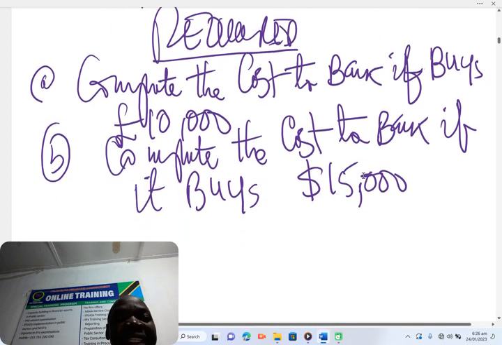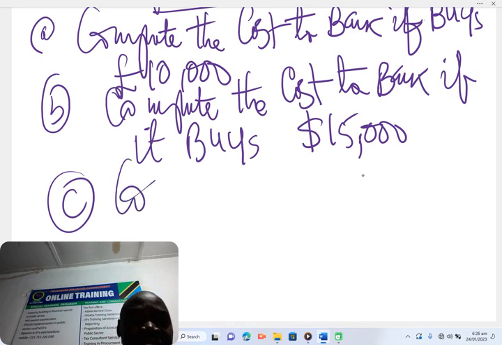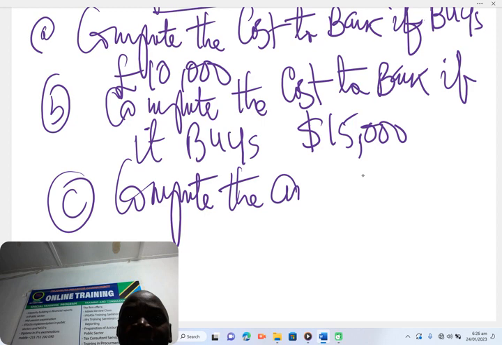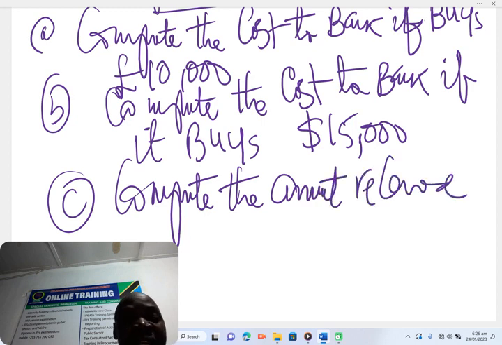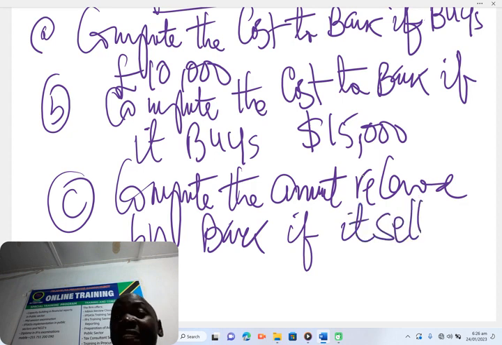Let's see part C. Compute the amount received by bank if it sells pound 5,000.